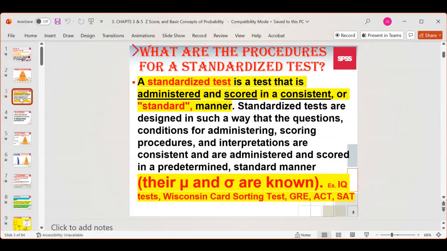You take a sample from your university students and give them the IQ test, and then you test your hypothesis. And the z-score will be the perfect test statistic to analyze your data.